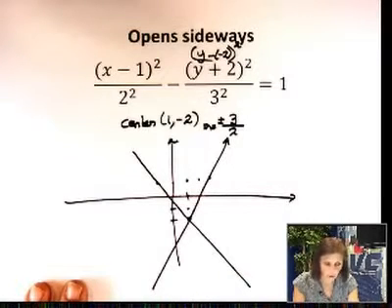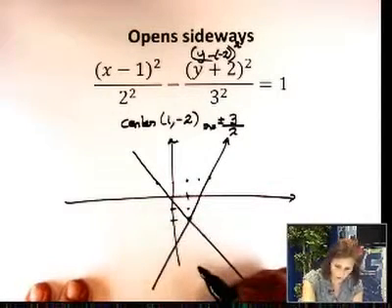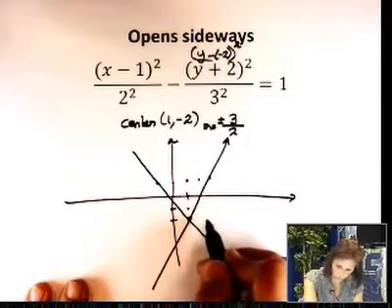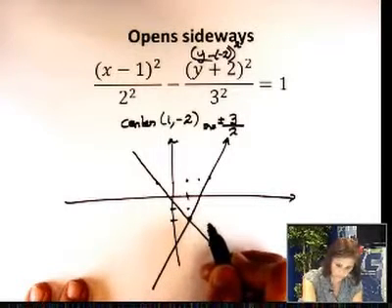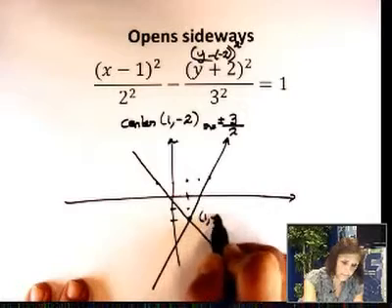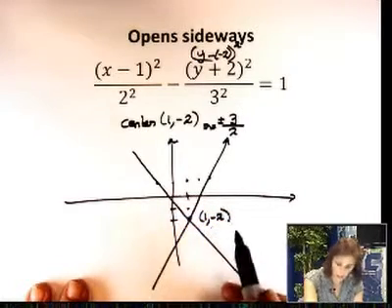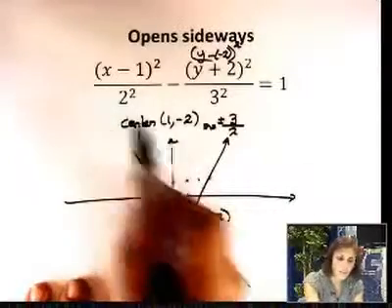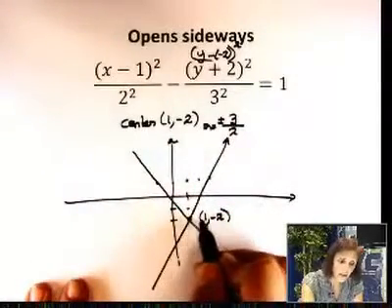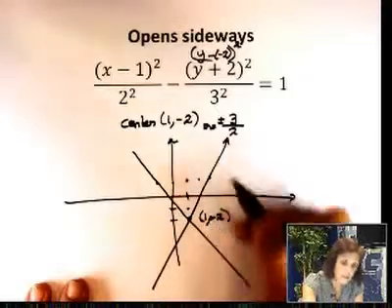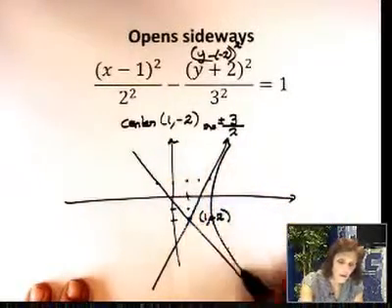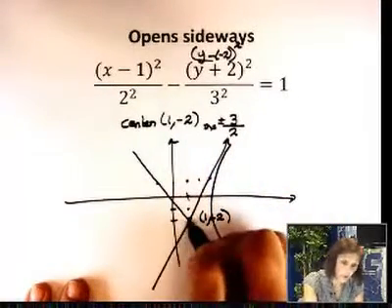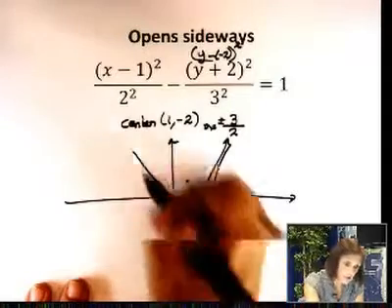And now what did I learn? The center is going to be at 1, negative 2. And I know that this thing is going to open sideways because x is first. It's going to be to the right 2 steps. Okay, 1, 2. Here it is. And 1, 2 to the left. Here it is.